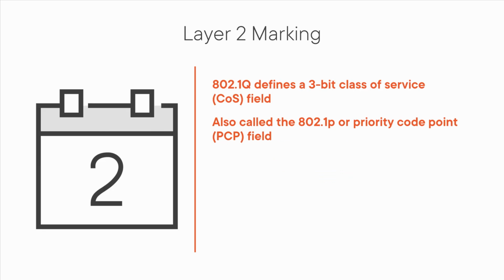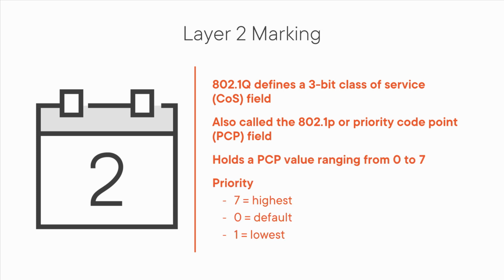Okay, so far we've talked about marking IP packets using the ToS field, but what about marking Ethernet and wireless LAN frames? The IEEE 802.1q standard defines a 3-bit class of service, or CoS field, that can hold what is called a priority code point, or PCP number, ranging from 0 to 7.